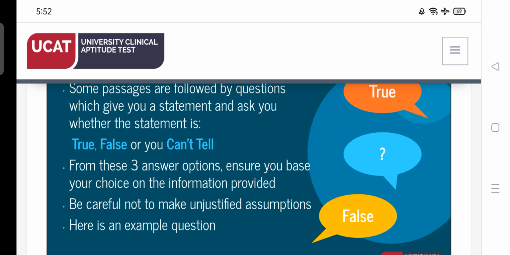Be careful not to make unjustified assumptions. If you don't know the right answer, you don't need to make any assumptions.